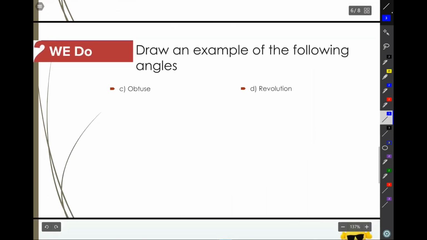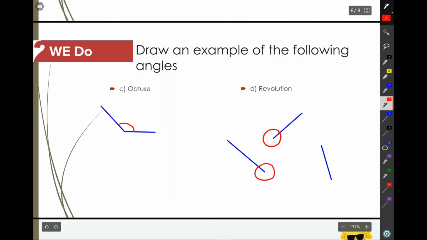If we come down here, an obtuse angle is an angle that's bigger than 90, but not quite a straight line. And the way we draw a revolution is we put a line. It doesn't matter which way our line faces, it can face any way. And at one end of the line, we put a full revolution. All of these represent full revolutions.